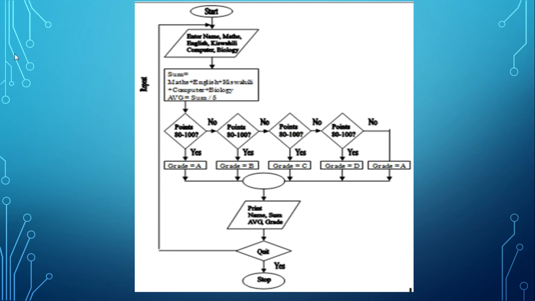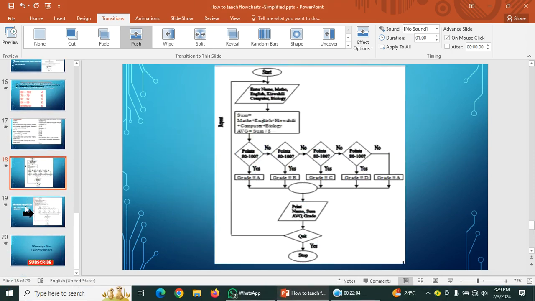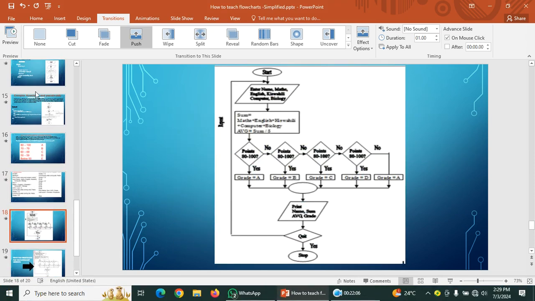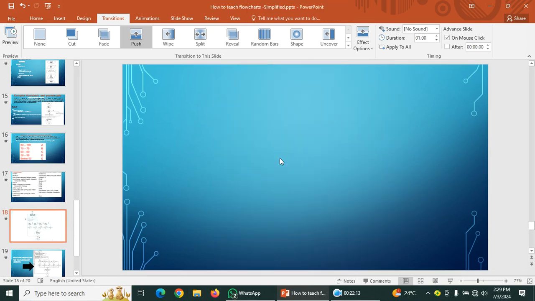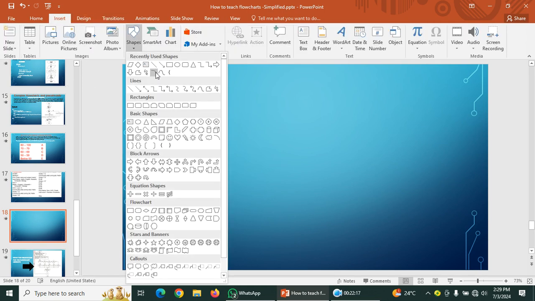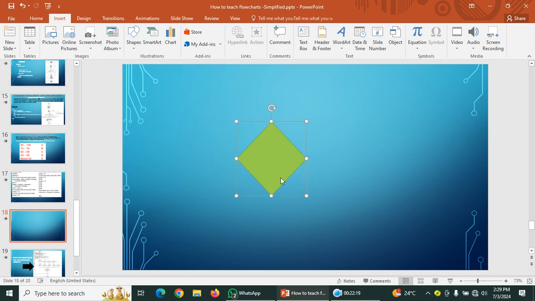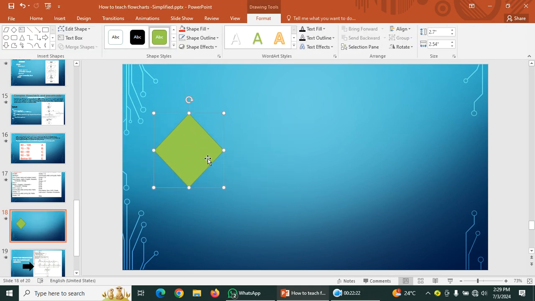So here we can just make a few corrections on this flowchart. What is really happening here in this flowchart? We shall have this, then the next one, that is copy paste.